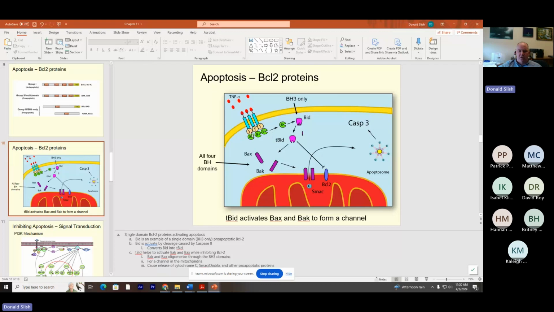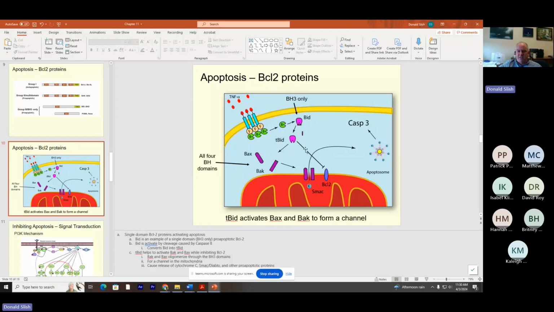So that's what we saw earlier with the death domains, the death effector domain, or death, I always forget what the E stands for. The DD domains and DED domains are all clumping together to give us caspase 8 activation. Caspase 8 then cleaves off that pro-domain from BID and it becomes tBID. tBID then activates BAX and BAK and inhibits BCL2.